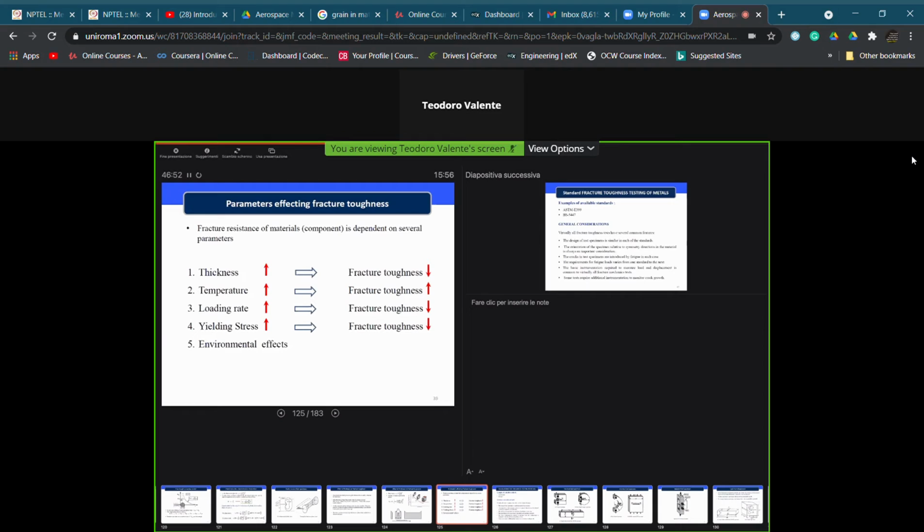We remember that by increasing the yielding stress, that is by making our materials more resistant, it moves towards a more brittle behavior.